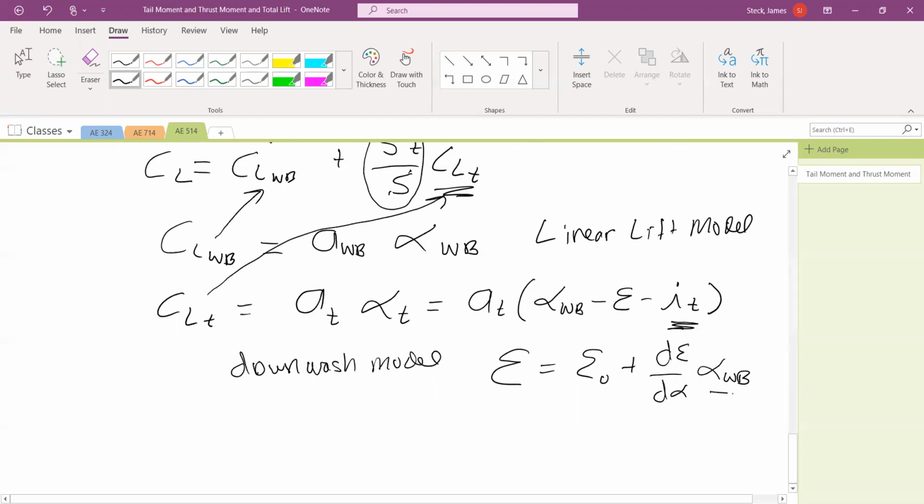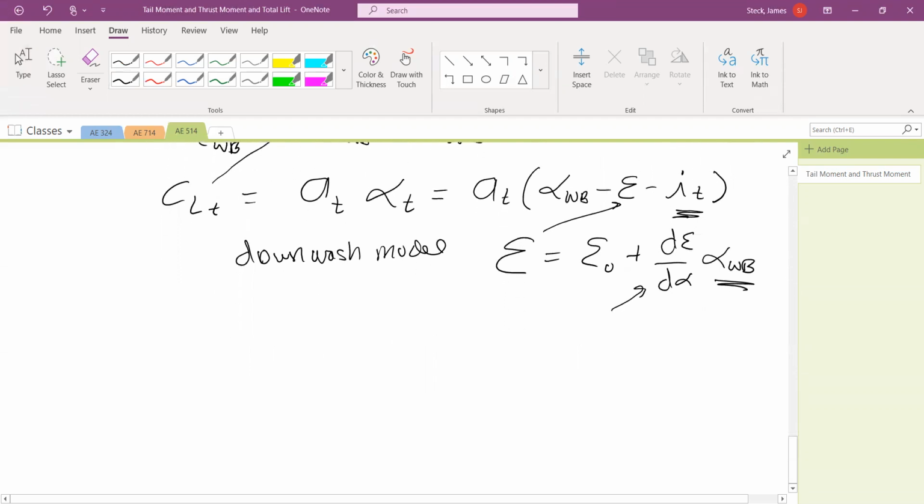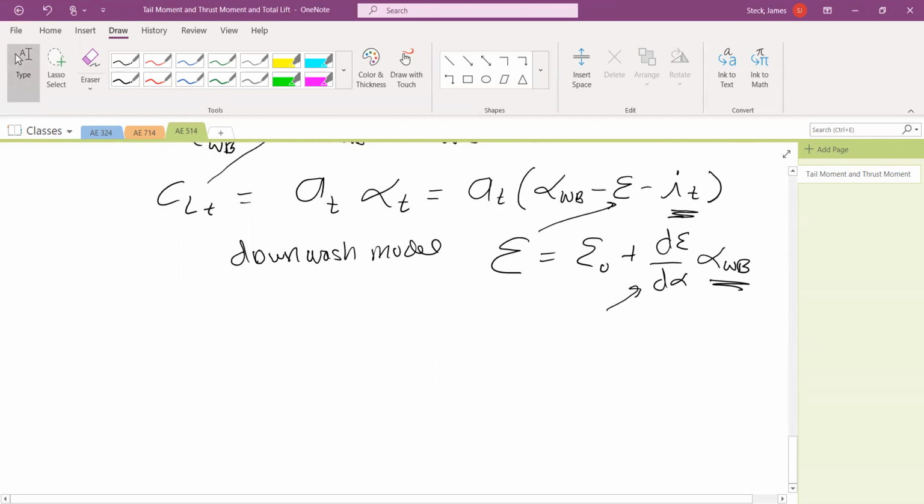So as the angle of attack goes up, the lift goes up, and you get more downwash because you get stronger trailing edge vortices coming off the wing. So that goes in here. And then we add the whole deal together.